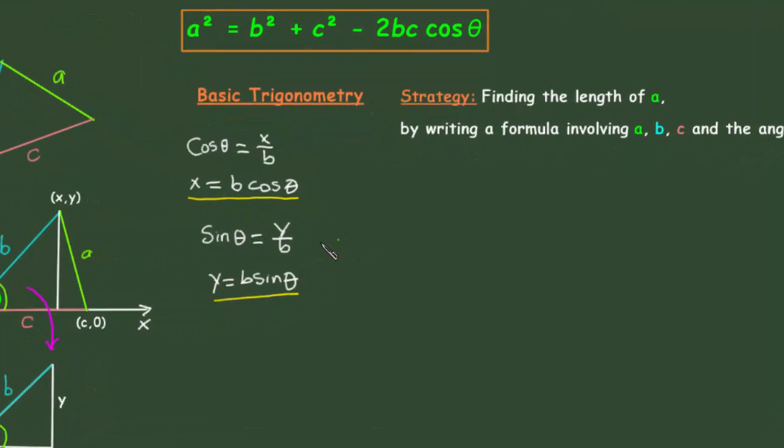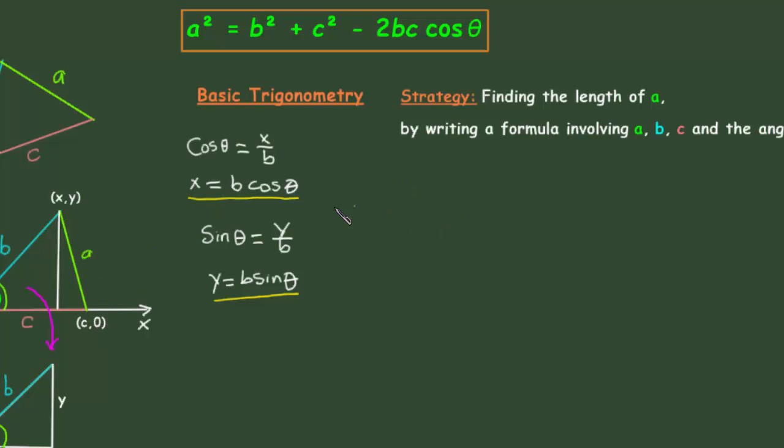The distance formula, which gives the distance between two points with their coordinates, is going to be the difference of the x values squared plus the difference of the y values squared.